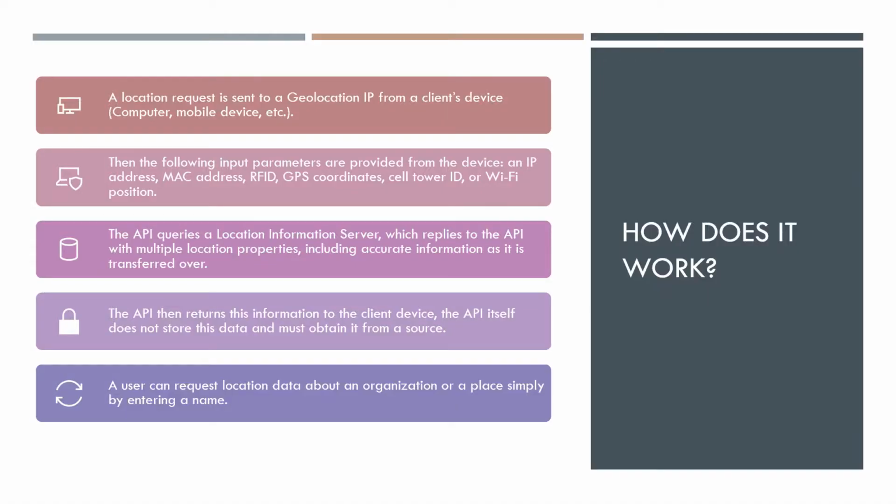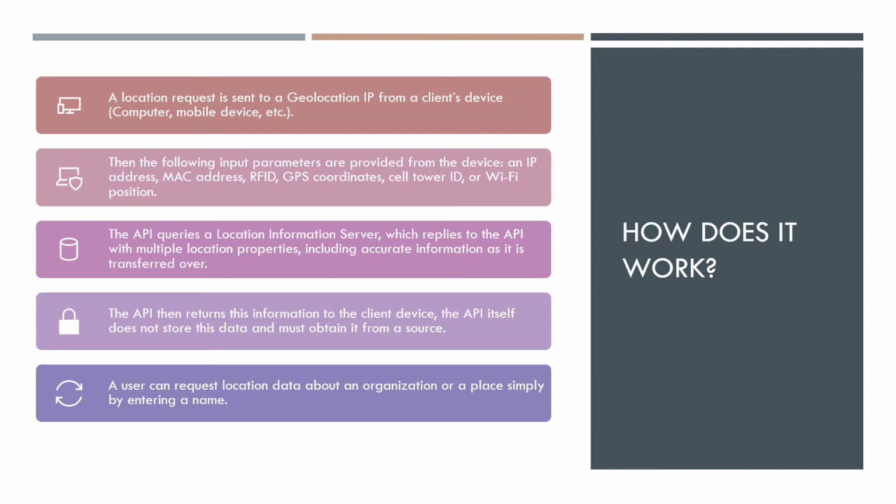So first, a location request is sent to a geolocation IP from a client's device, which can be a tablet, a computer, or a mobile device, like a cell phone. Then the following input parameters are provided from the device: the IP address, the MAC address, the RFID, GPS coordinates, cell tower ID, or Wi-Fi position.